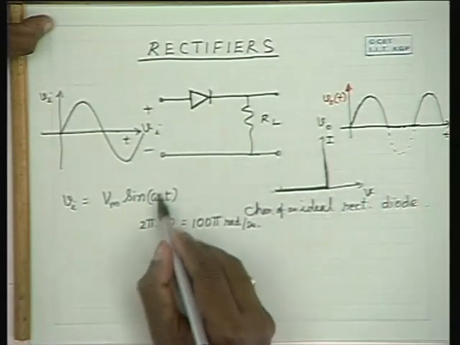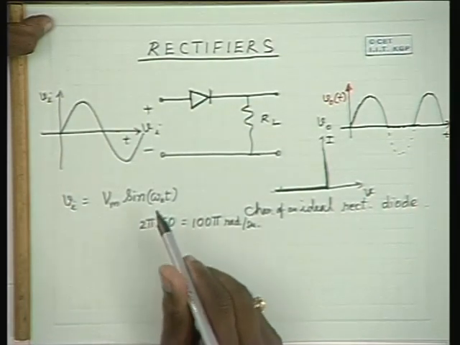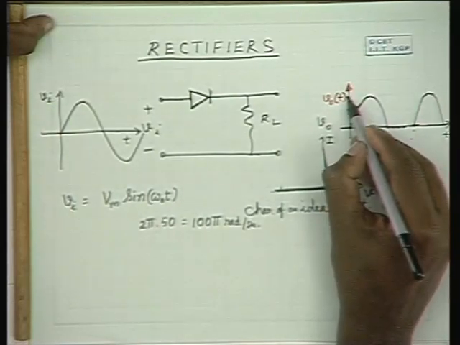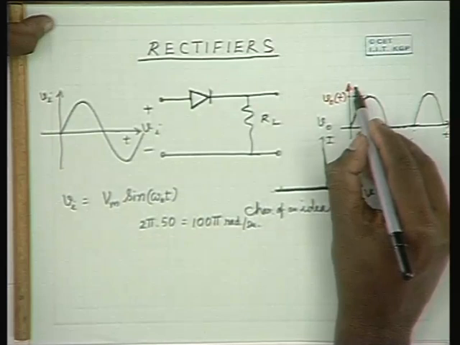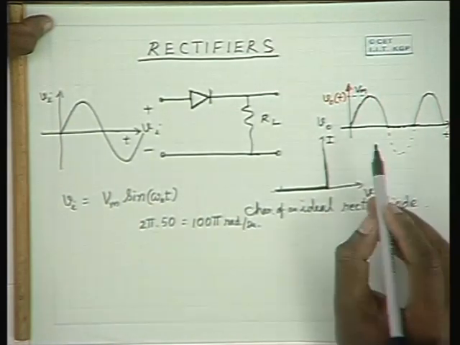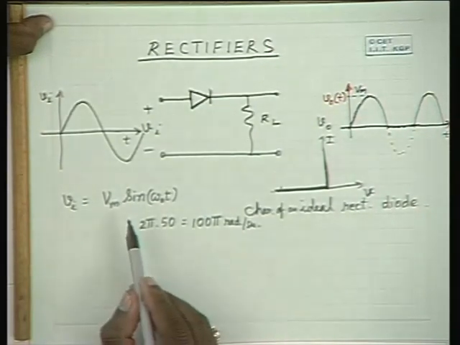When omega naught t is a multiple of pi by 2 and 3 pi by 2 and so on, you have the peak voltage Vm, and at 0, pi, 2 pi, etc., it is 0.